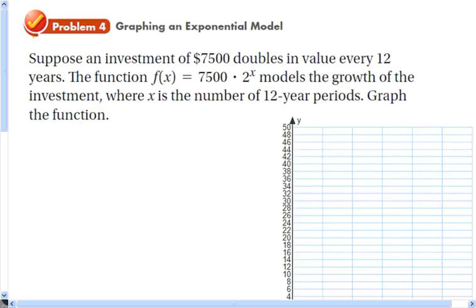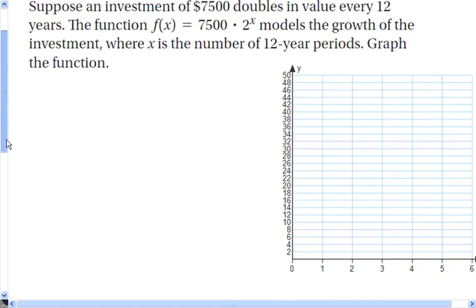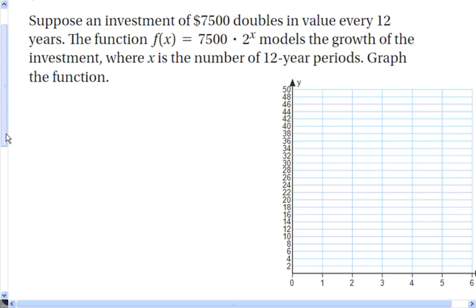All right, we're going to graph another one here. Now these are kind of tricky because the values get big so fast. But basically we need to get a few years. Now this represents a 12-year period, so this is actually 12 years, 24 years, and so on, 36 years.